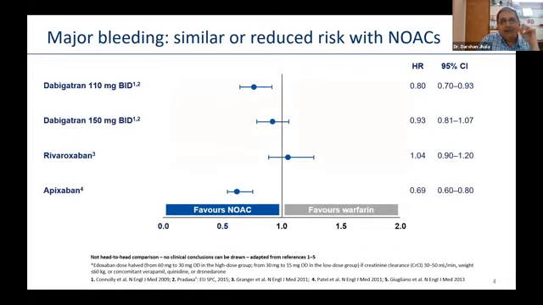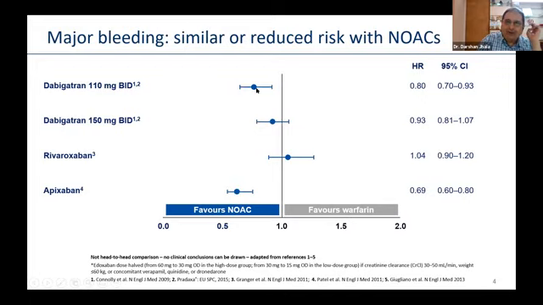When we come to major bleeding, we realize that rivaroxaban is right in the center. So it's not better than warfarin. It is an effective drug, but it can cause as much bleeding as warfarin therapy. In these situations, apixaban and lower dose dabigatran are superior.